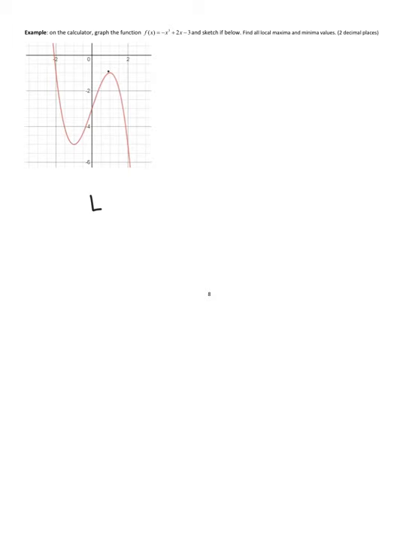Local maximum is going to be what value? 2, negative 2. And we are also told to look for the minima, local minimum. And what is the value? It's this value right here, 1, 2. So negative 2 and negative 5.